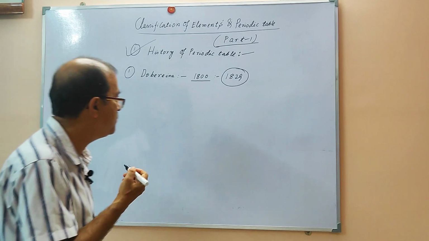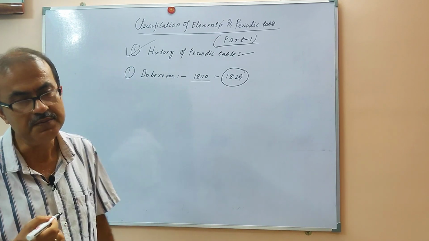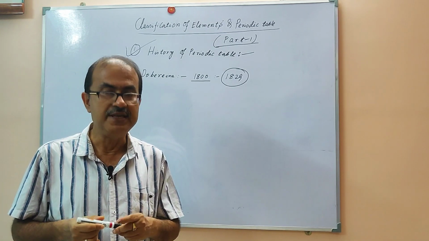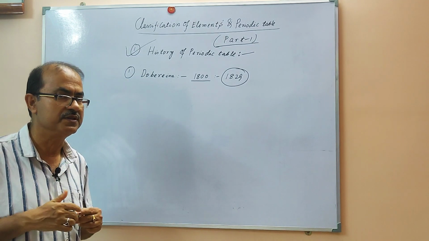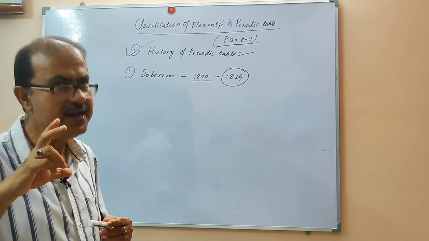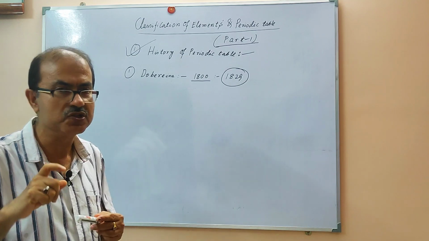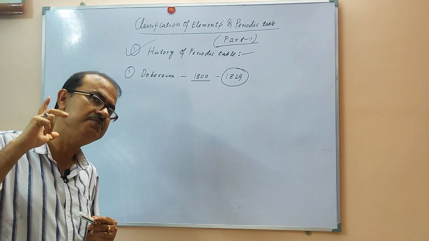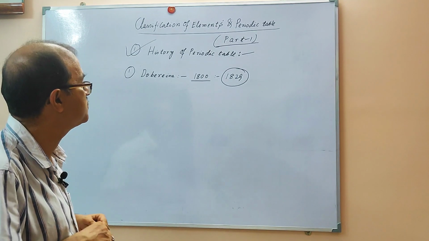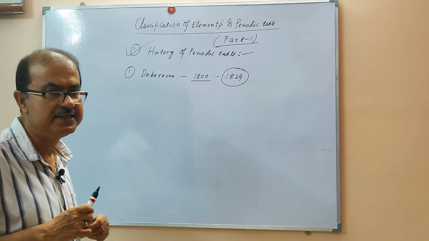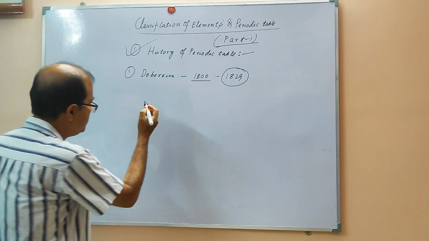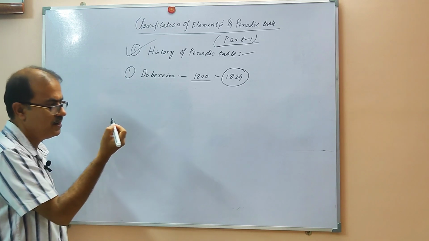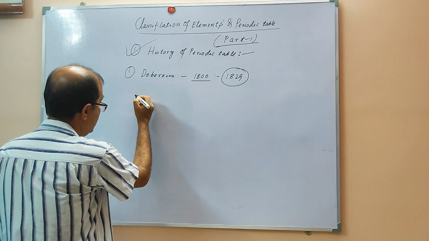In 1829 he observed that there is a similarity of property after some time, and he made some groupings of the elements where a similarity of properties was observed, and this is a group of three elements.